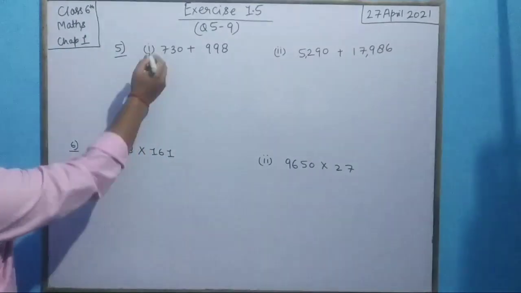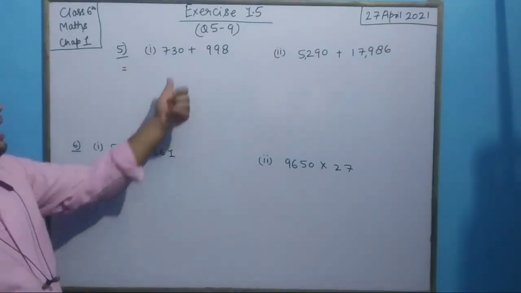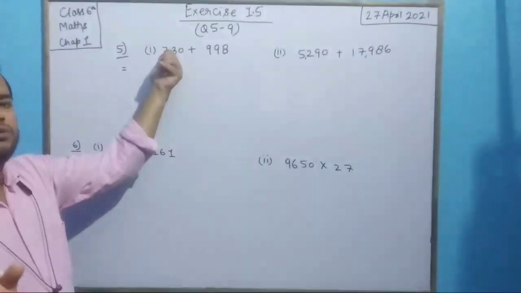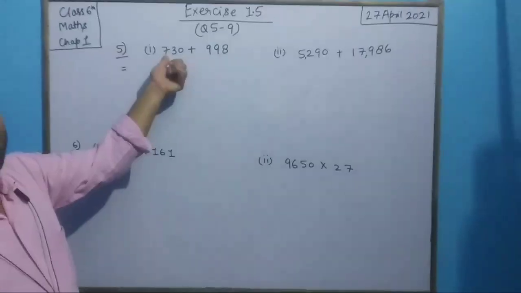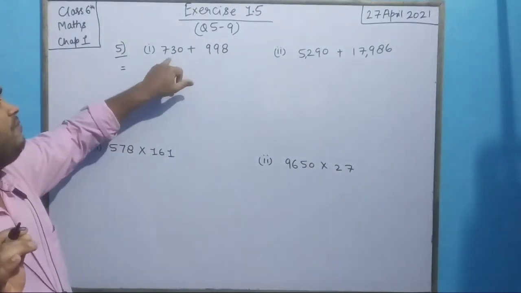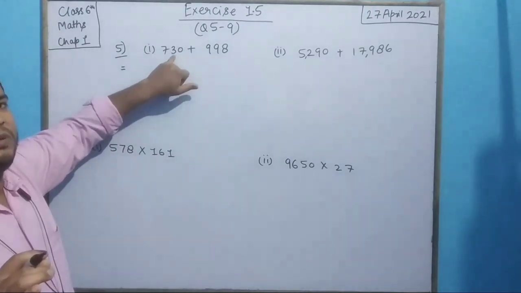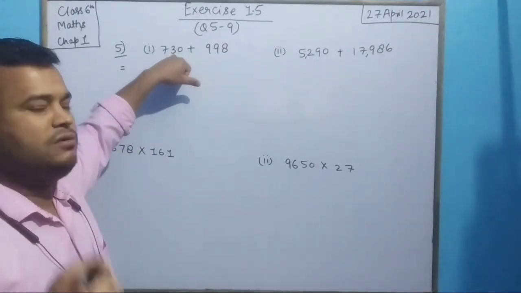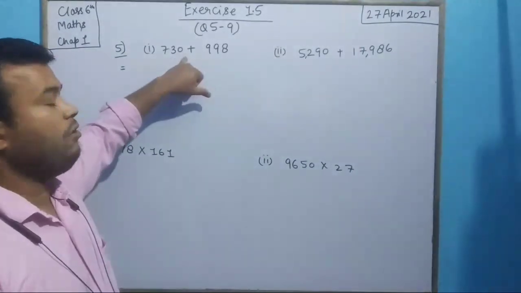Now let us see the first one, how to round off. Here how many places are there? Ones, tens and hundreds. So we need to round off to the hundreds place. For rounding off to the hundreds place, let us see one place less than that, that is the tens place. If at the tens place it is 5 or greater than 5, then we will increase this 7 to 8 and the rest all to 0.